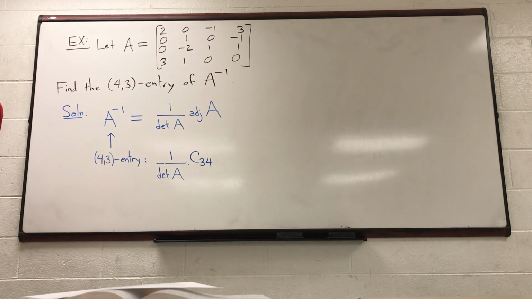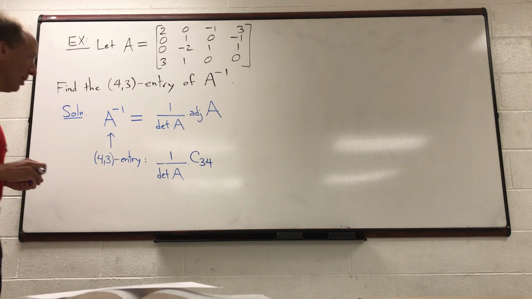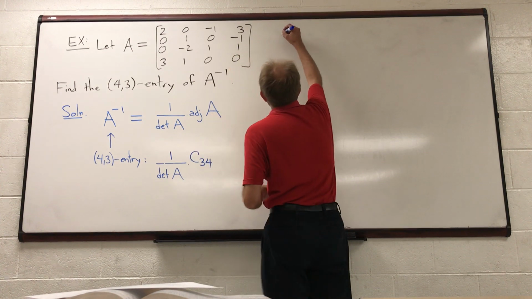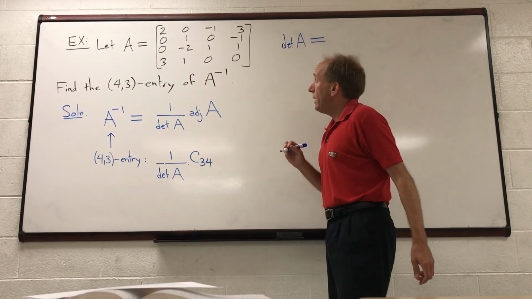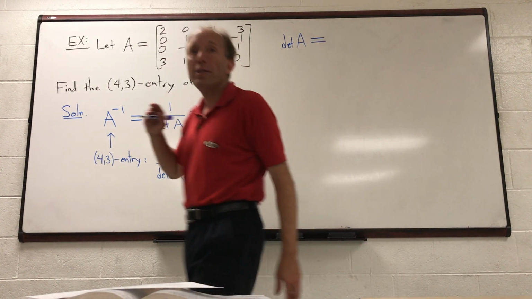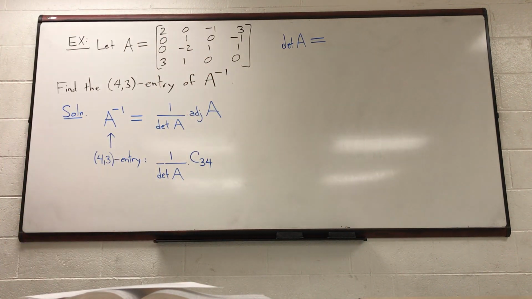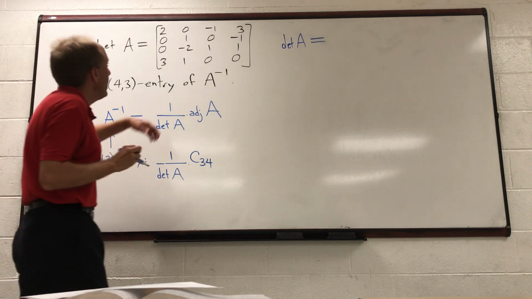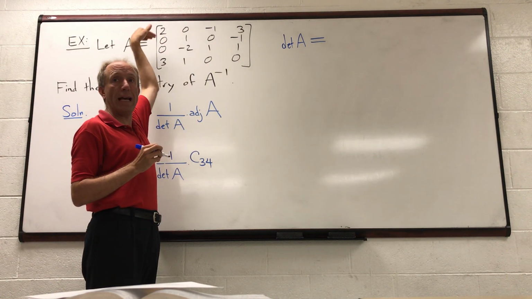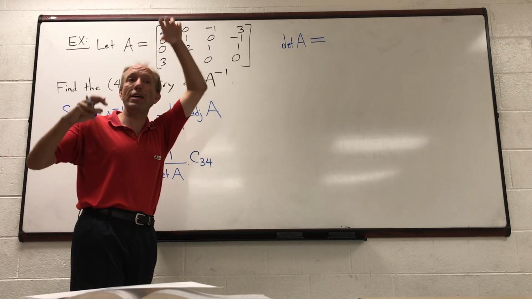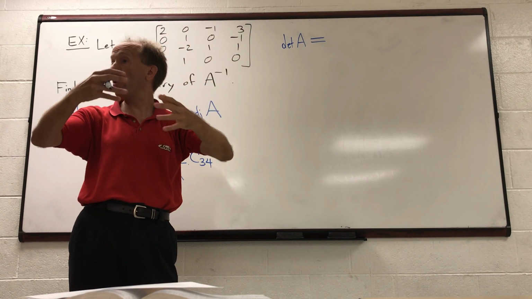The determinant. Okay, let's do the determinant of A first. Any suggestions for how to evaluate this determinant? Cofactor on row 2. I could decide that I'm not happy with any row or column and do some elementary row operations first.